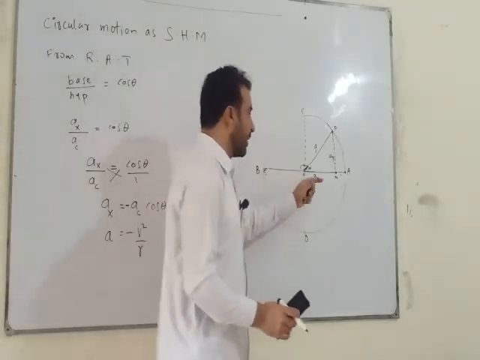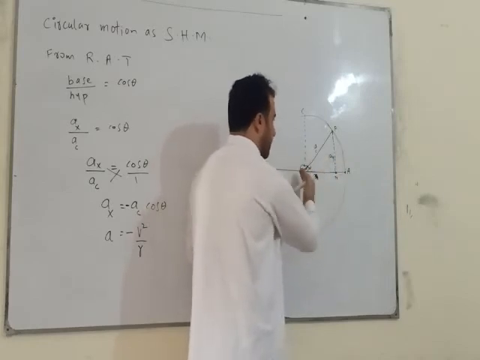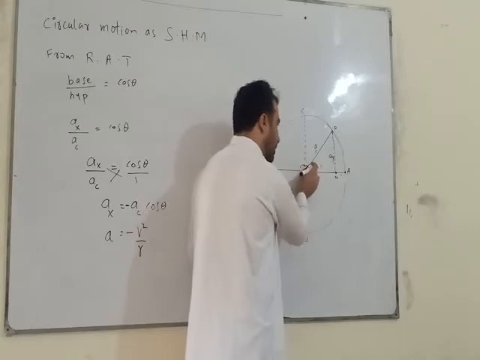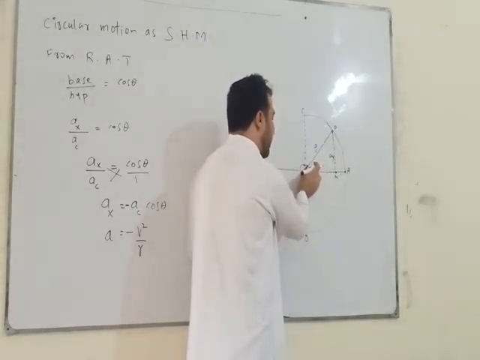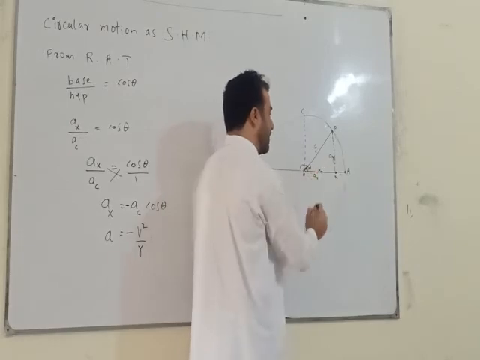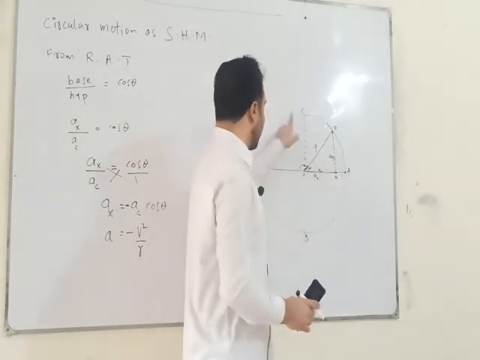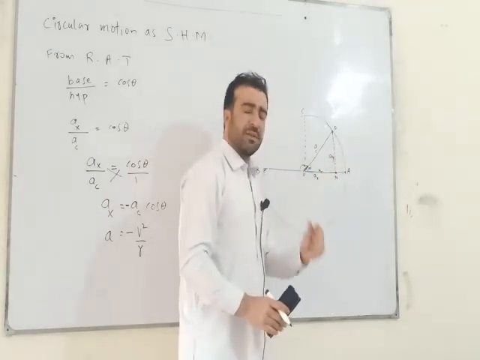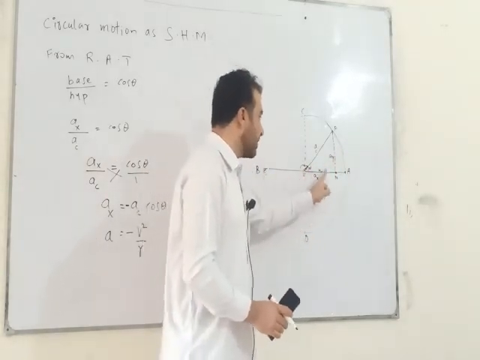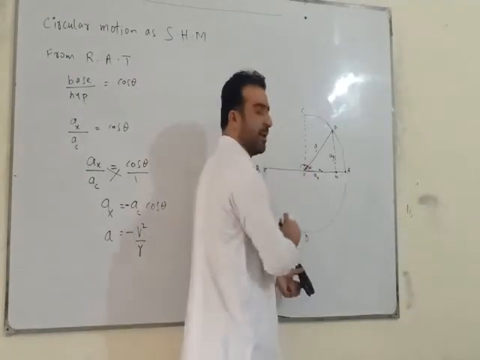Now, if you look into the figure, as the body circulates, the projection varies, and the distance covered by the vibrating body on either side of the mean position is called displacement. So we can call this distance x.